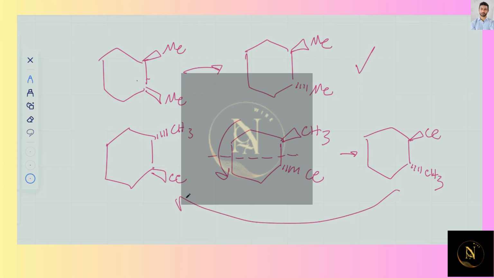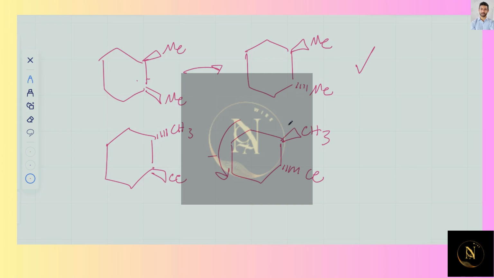Is this the same as that? No, definitely not, right? So the only real rotation that could move this methyl to the back, like it is over here, is also going to have the issue of moving the methyl down to the bottom carbon, right? Which isn't going to help us. So these are not, in fact, identical.